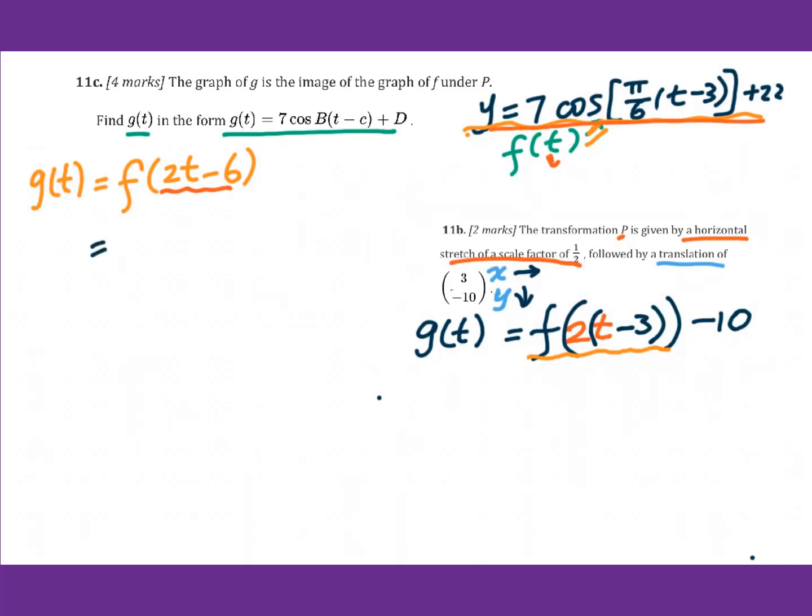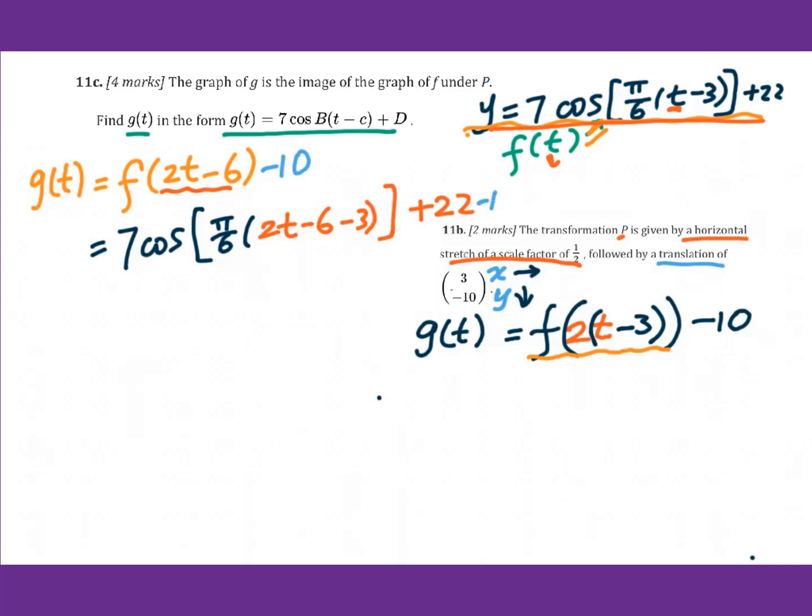You will get 7 cosine pi over 6. This t, you got to change into 2t minus 6, then minus 3. Plus 22. Remember, here's minus 10, so minus 10.